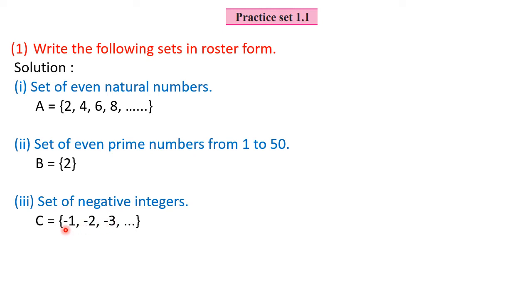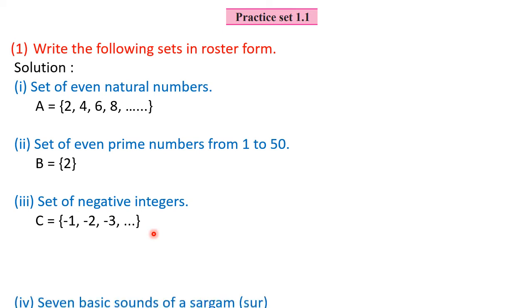In the beginning you can put dot dot dot, then -3, -2, -1. In that way you can write. But it is told that order of writing the elements is not important. So you can write in this way also. Again, this shows that the set is having uncountable or innumerable elements. Okay. So here also this is a set. In this way we are going to write it.